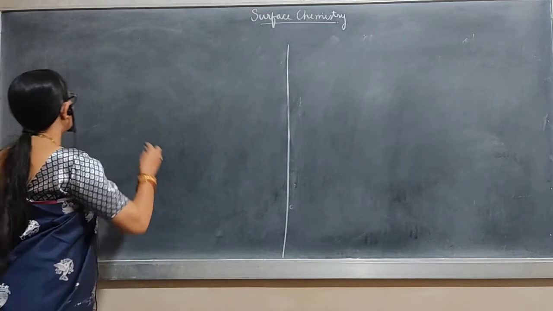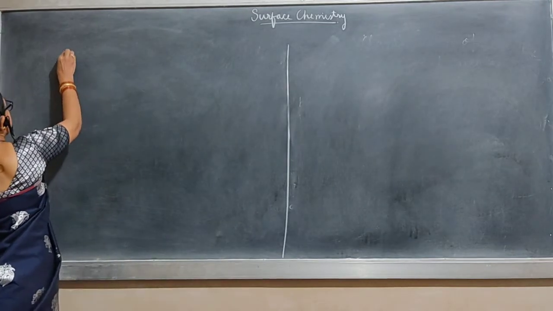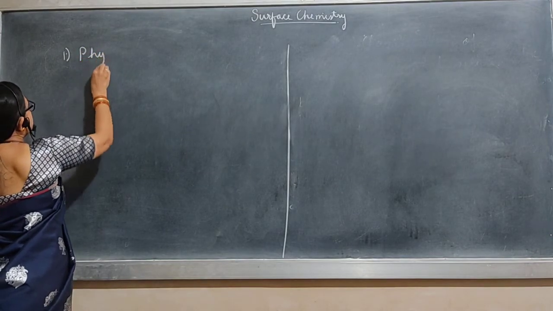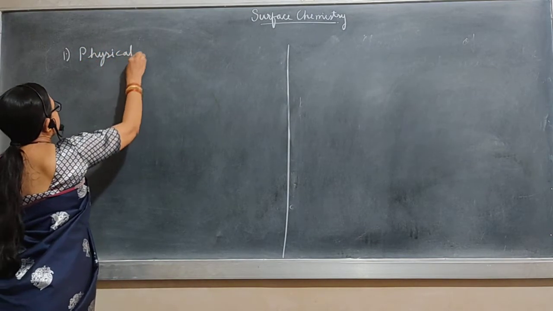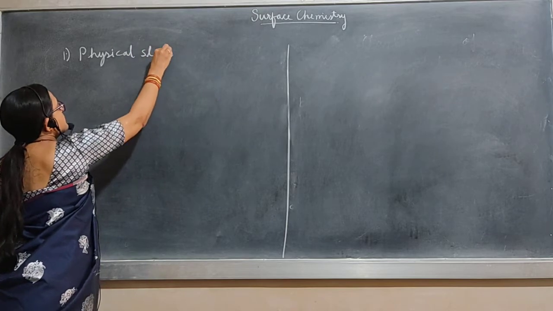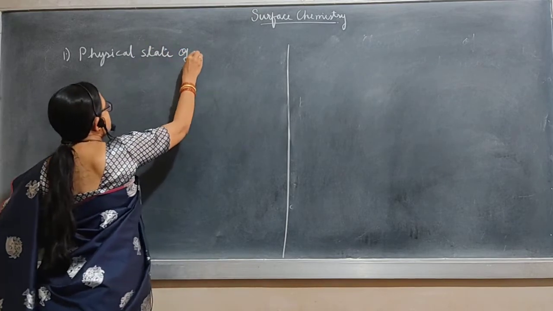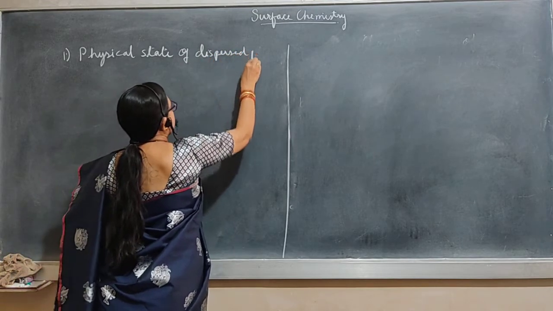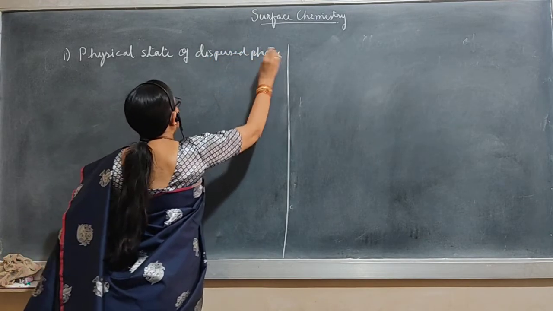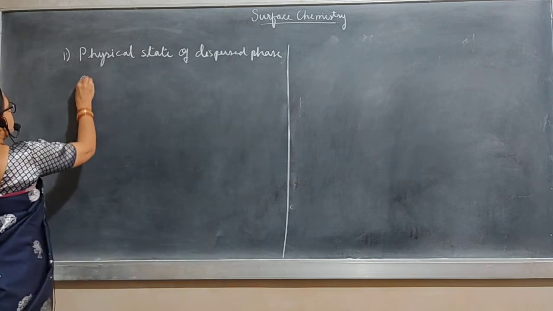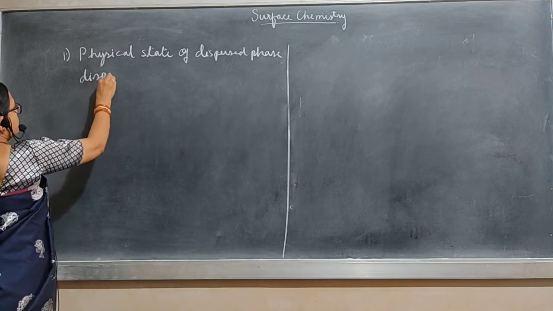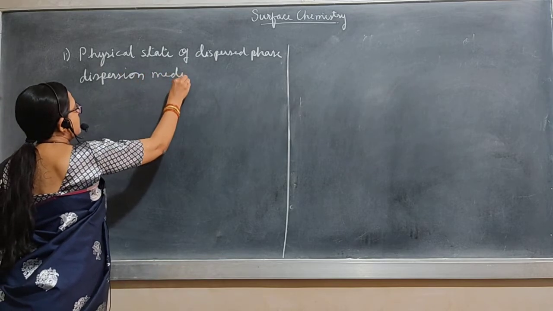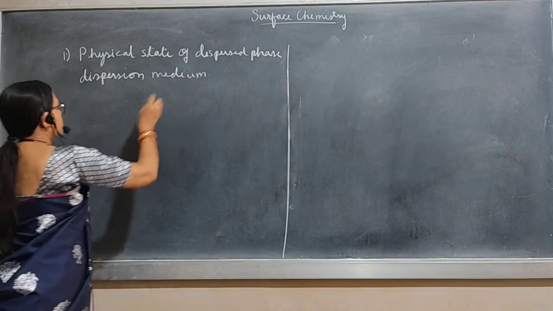Okay, let us study now the first classification based on physical state. Physical state of dispersed phase and dispersion medium. Let us draw a table now.